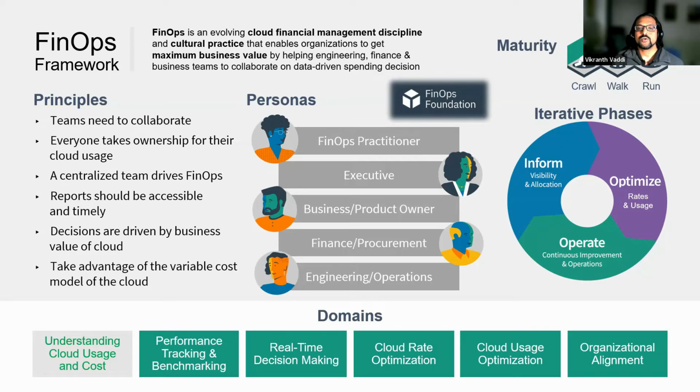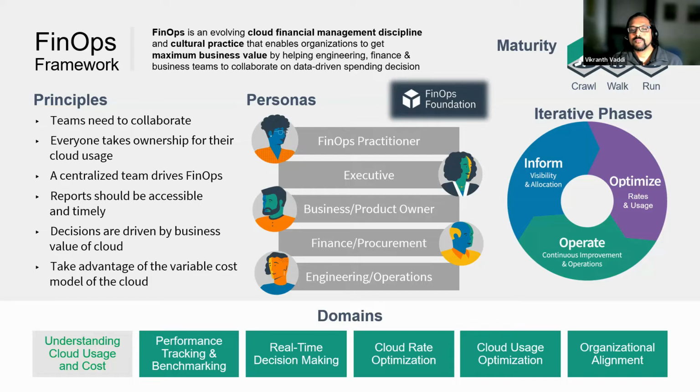And all the decisions are driven by the business value of cloud. And the last thing you're seeing is taking advantage of the variable cost model. You can view that as a risk, but you can also view this as an opportunity because you have the ability to do just-in-time planning and you can adjust the capacity. And that's the way the industry is going. So we need to embrace that variable cost and see how we can mitigate the risk, right?